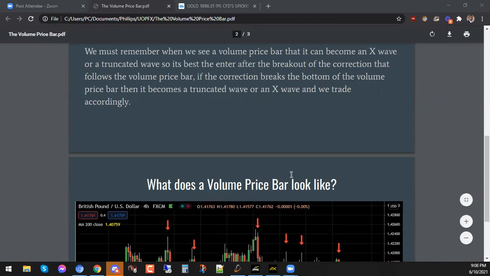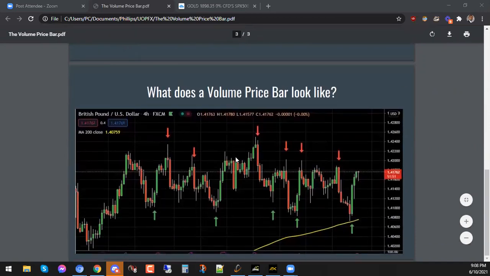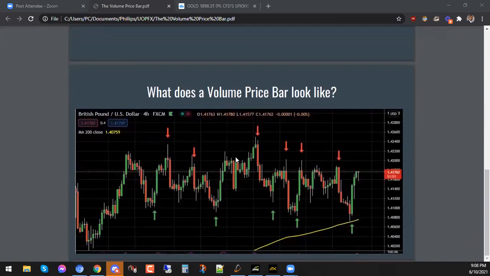Okay, wonderful. All right, so let's have a look at what a volume price bar looks like. Here you can see, let's look at the green arrows first. This is a big green candle, small wick, big body.